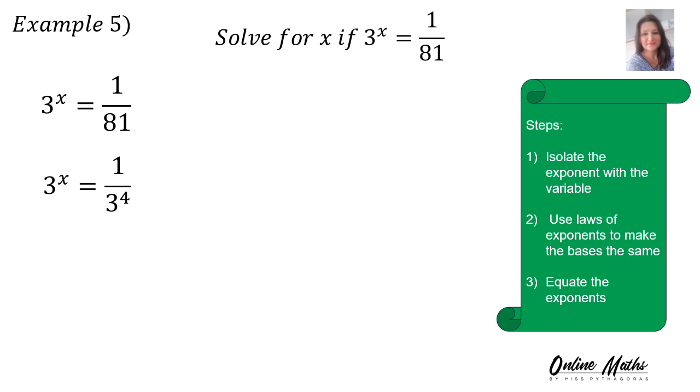Then, if you look at the steps on the right-hand side here, step 2 says use laws of exponents to make the bases the same. Now, do you remember? This 3 to the 4 will go up and it becomes 3 to the negative 4. And now we can say the bases are the same, therefore we equate exponents. And the answer, x is equal to negative 4.